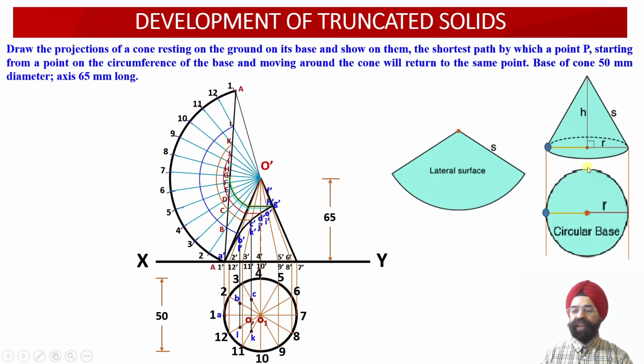Why? Because these two slant generators are lying perpendicular to the observer over here. So the observer will not be able to visualize the intersection points of D and J onto O4 and O10, because the observer is going to look at O4 and O10 in the perpendicular direction.